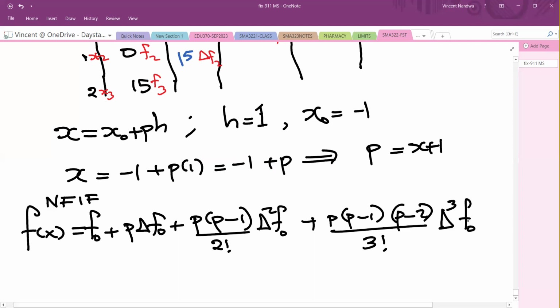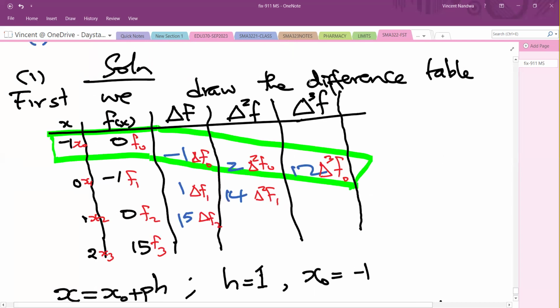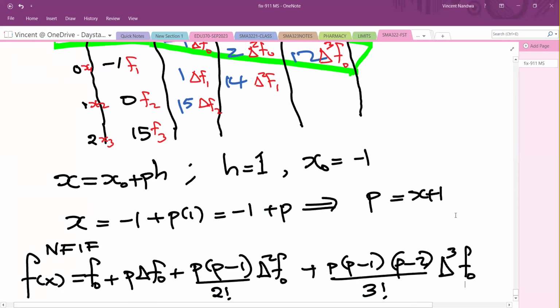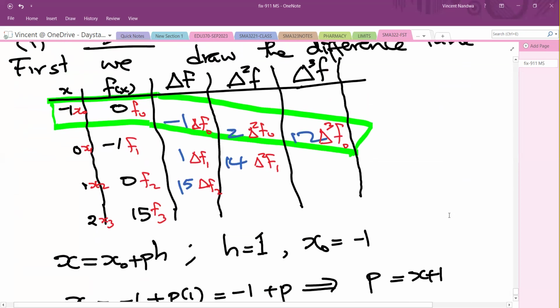Now I'm stopping here because if you check our difference table, we can only define up to the third difference. That's why I'm stopping here. But if the table was big enough up to fourth and fifth differences, then you extend the formula.